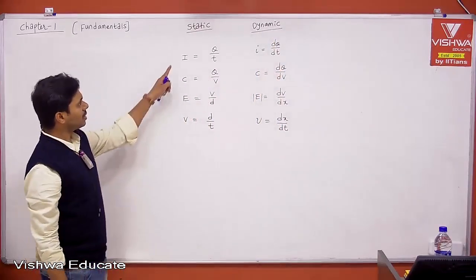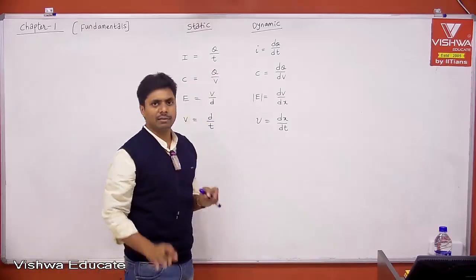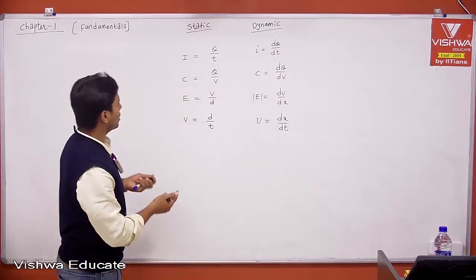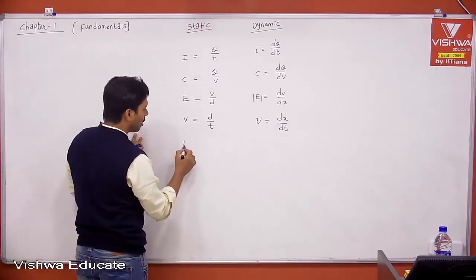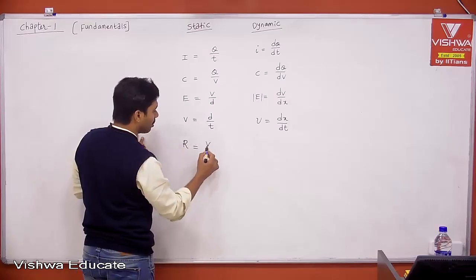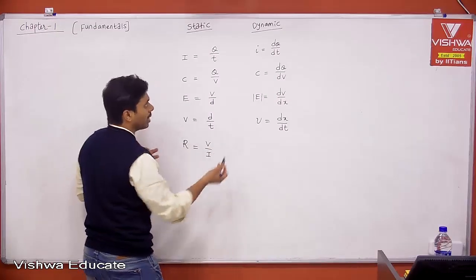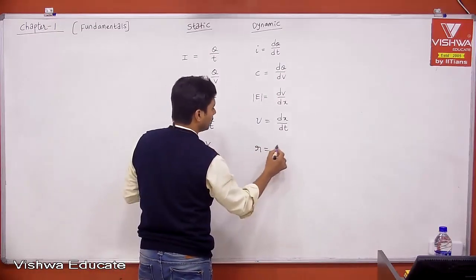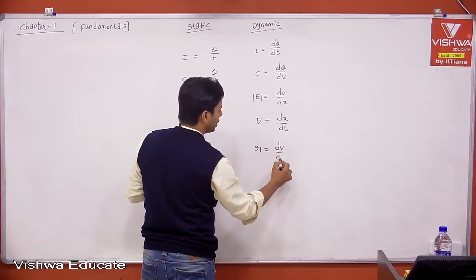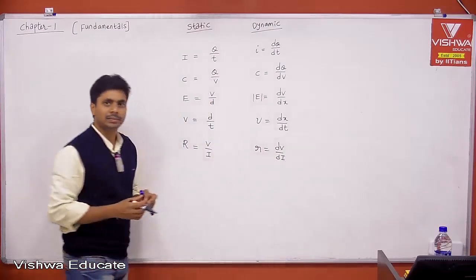Now, when to define in a static way and when in a dynamic way? Very simple. In the case of resistance, capital R is equal to V divided by I, and small r is equal to dV by dI, right?